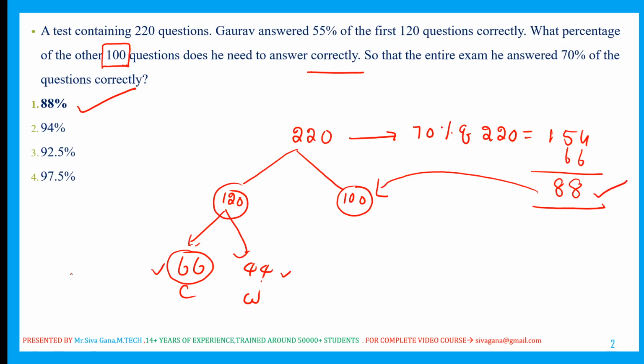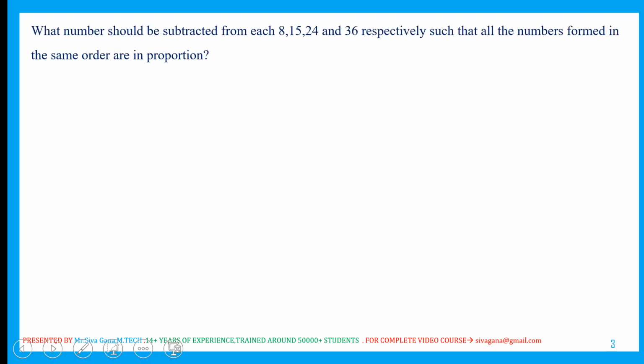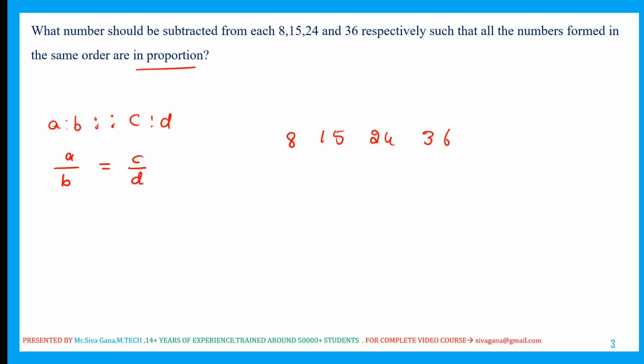What number should be subtracted from 8, 15, 24, 36 such that all the numbers are in proportion? What is being in proportion? Let us say A is to B is the same as C is to D. In this case, in proportion means the ratio A by B should be equal to C by D. This is what he is asking.